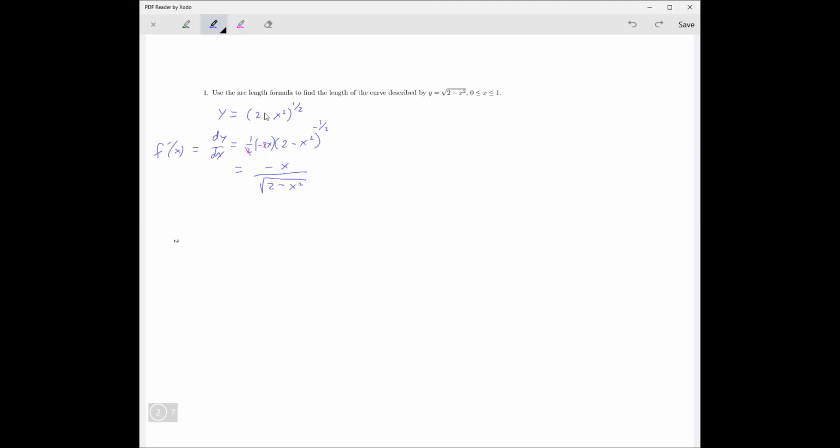Now, the formula from the previous page, let me copy that down here really quickly. The formula is you're integrating from a to b of the square root of 1 plus f prime of x squared. So you need to calculate f prime of x squared, and that's going to be x squared over 2 minus x squared. I squared the numerator to just get x squared, and squared the denominator to just get rid of the radical.